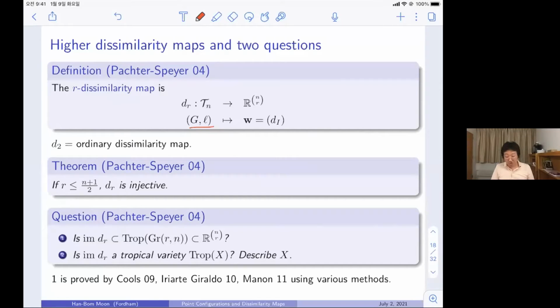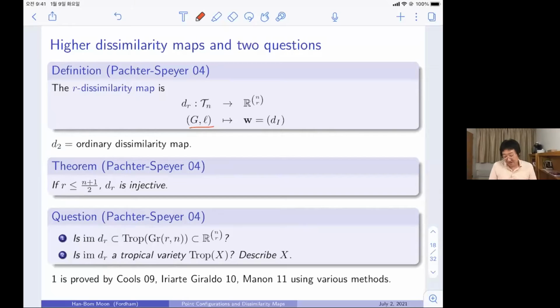When r is 2, then this is exactly the ordinary dissimilarity map I explained before. But now we have a generalization. And in the same paper, Pachter and Speyer proved that when r is relatively small compared to the number of leaves, then this generalized r-dissimilarity map is still injective. So we already have the answer for the first question.